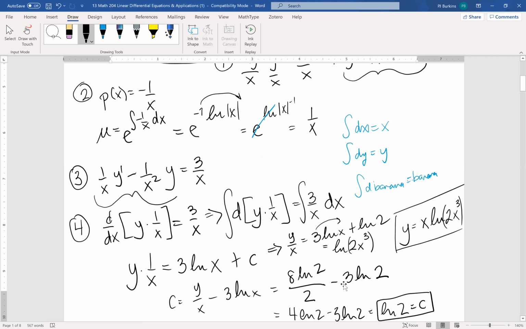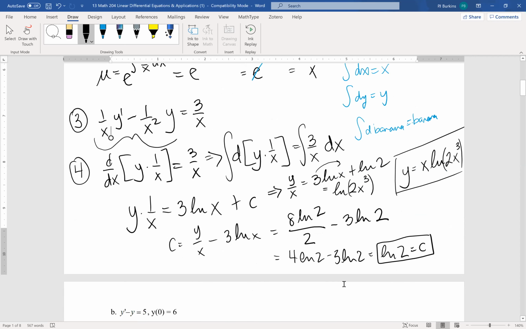And if we did that correctly, then the left-hand side should collapse down to the derivative of the integrating factor times y in this case. We then moved dx to the right-hand side and integrated both sides. And then after that, it's standard procedure. It's solve for c, get your particular solution.